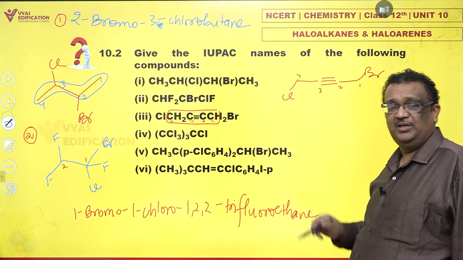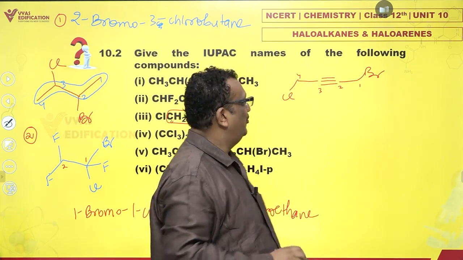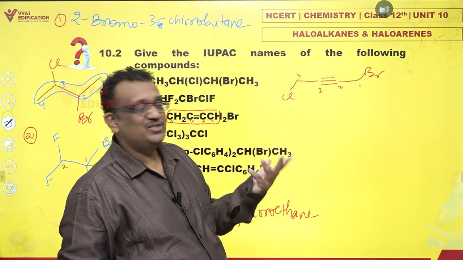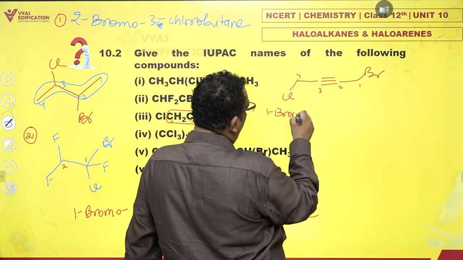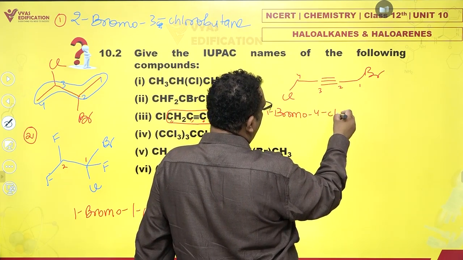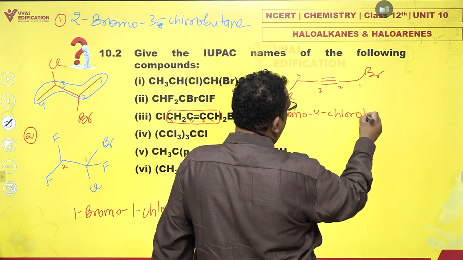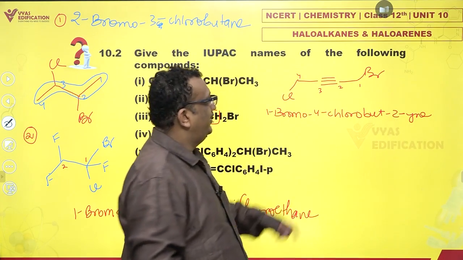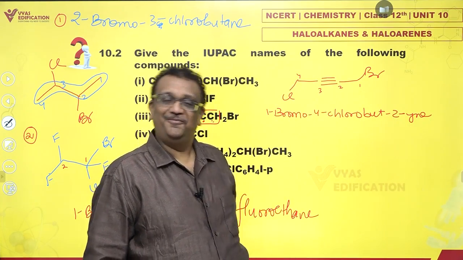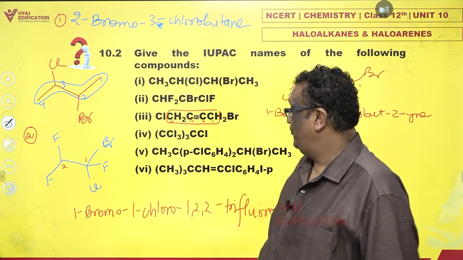Why not opposite? Alphabetical order. Bromo comes before chloro, otherwise it is symmetric. So what will be the name? It is 1-bromo-4-chlorobut-2-yne. It is 2-butyne, please note. Right? This is third one.